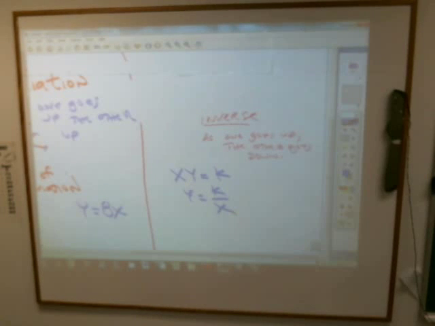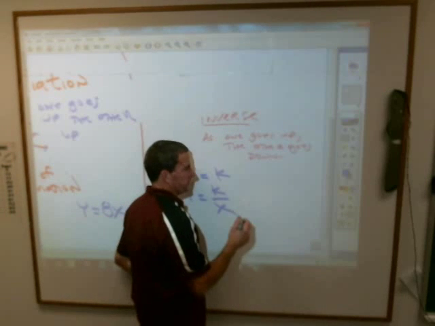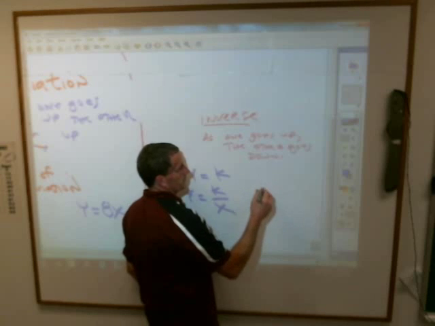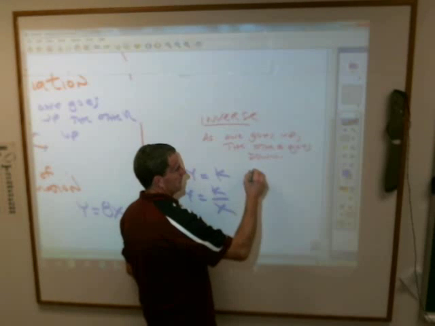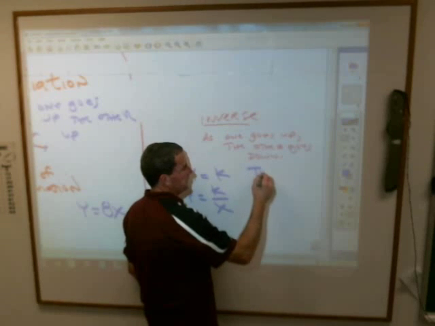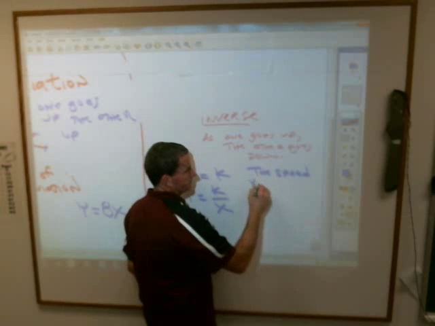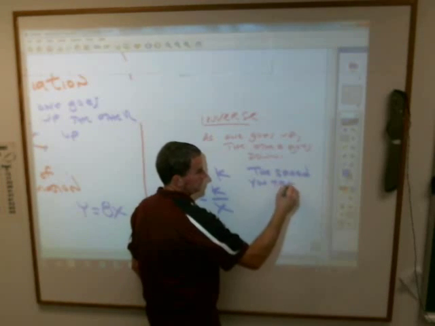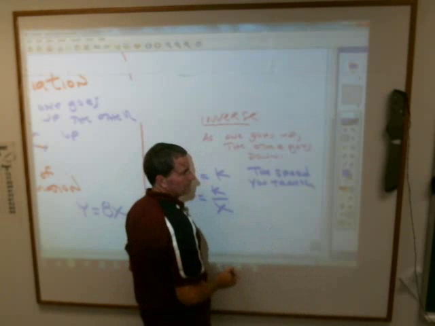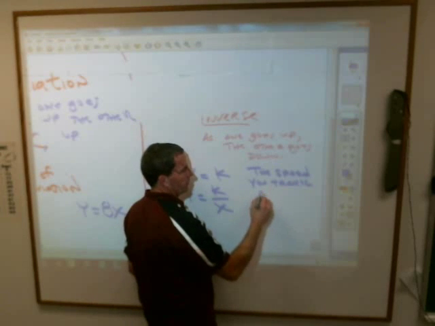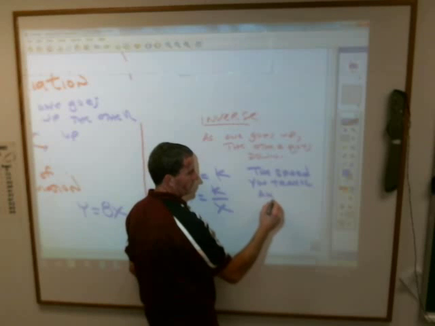Okay, now, what would be an example of inverse variation? Anybody? How about this? Inverse variation would be the speed you travel and the distance and how long it takes you to go somewhere.